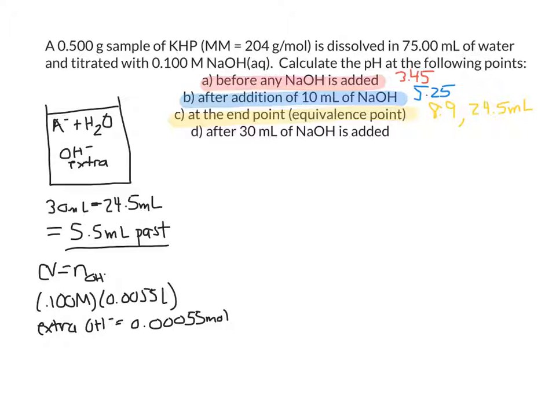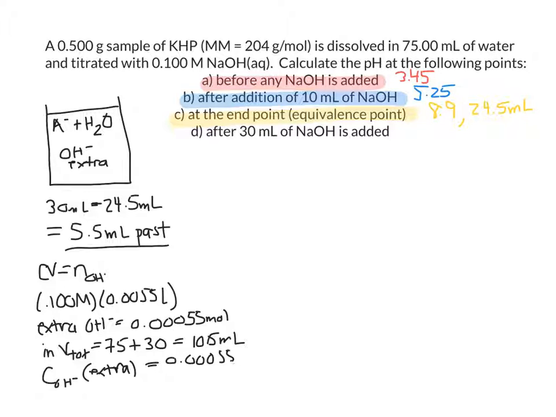And that 0.00055 moles is in a total volume of the 75 milliliters that I started with plus the 30 milliliters that I added, so 105 milliliters. And so my concentration of extra OH minus is going to be equal to 0.00055 moles divided by 0.105 liters.